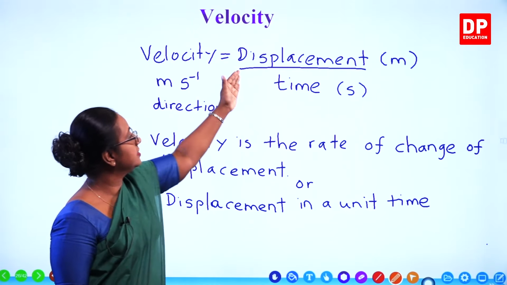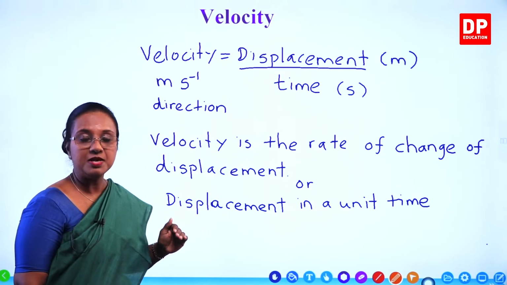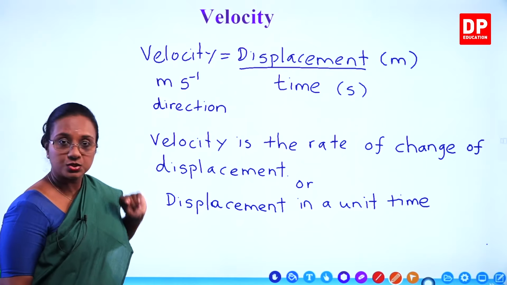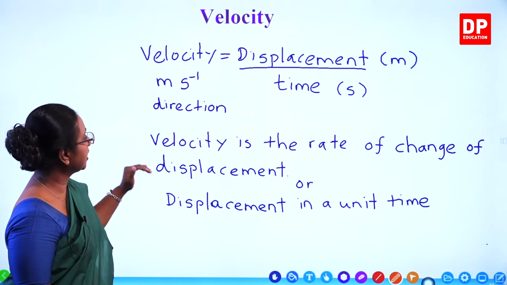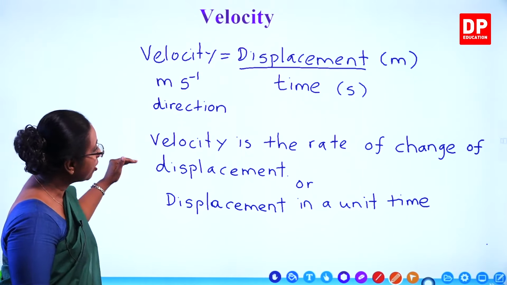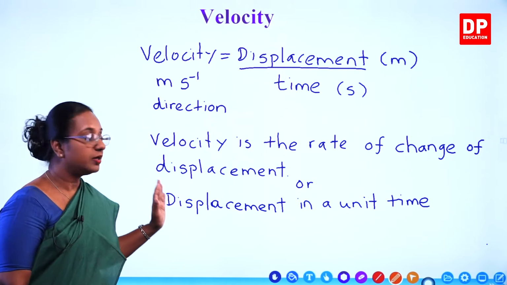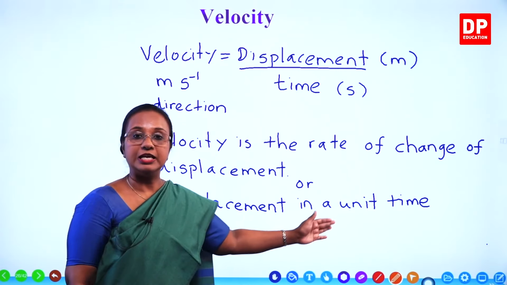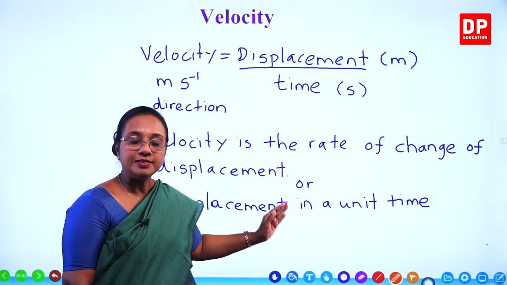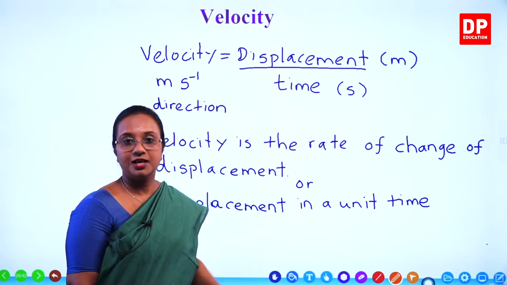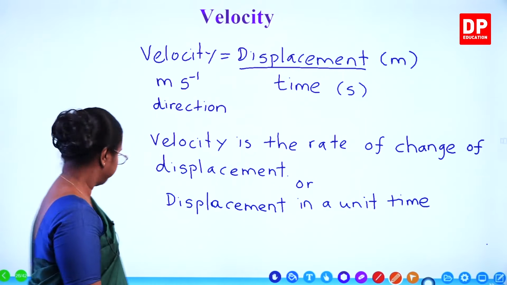Velocity equals displacement divided by time. The unit is m s^-1 and the definition can be either written as velocity is the rate of change of displacement or displacement in a unit time. With this in mind, we will do some calculations in relation to velocity.